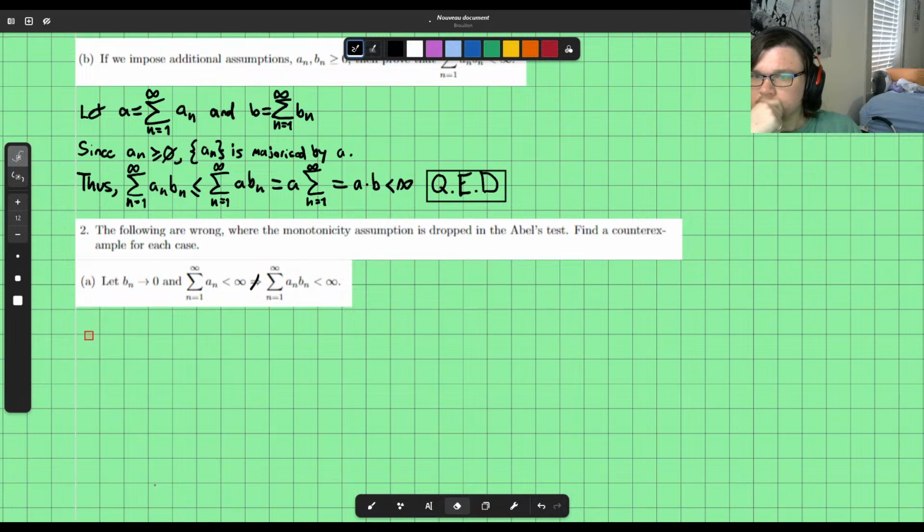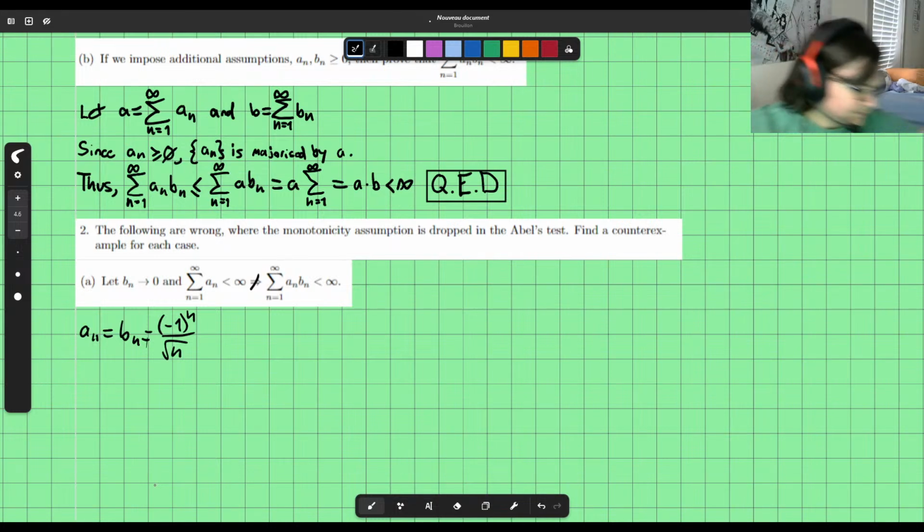Oh wait, hold on. Can I just use the exact same example I used for 1a? a sub n equals b sub n equals -1 to the n over square root n. Because this is less than infinity, and b sub n would go to 0. But, yeah, there we go. That one I can just literally use the exact same thing I did from before.